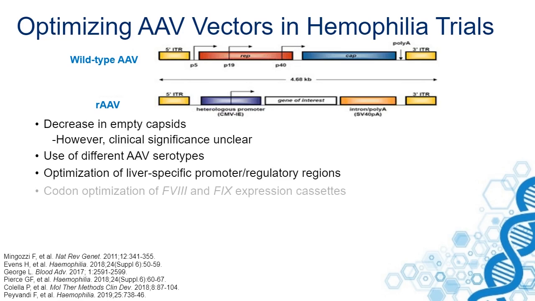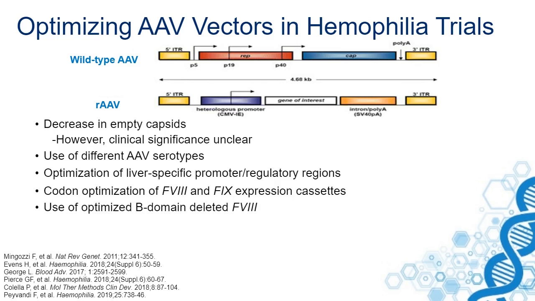The scientists also optimized the codon to increase factor 8 and factor 9, and two modifications that really are now uniform. One for factor 8 is to use a B domain deleted factor VIII to allow it to be a size that can be inserted into AAV.